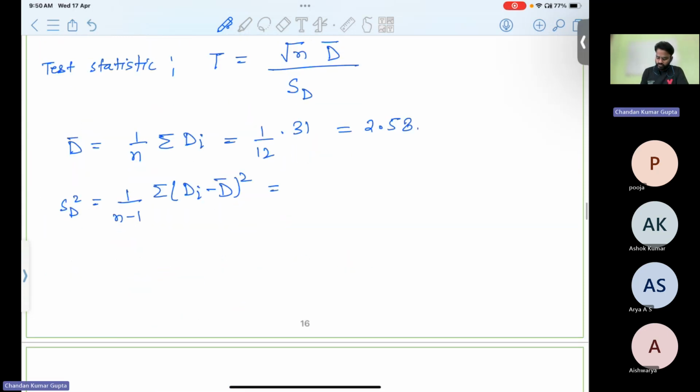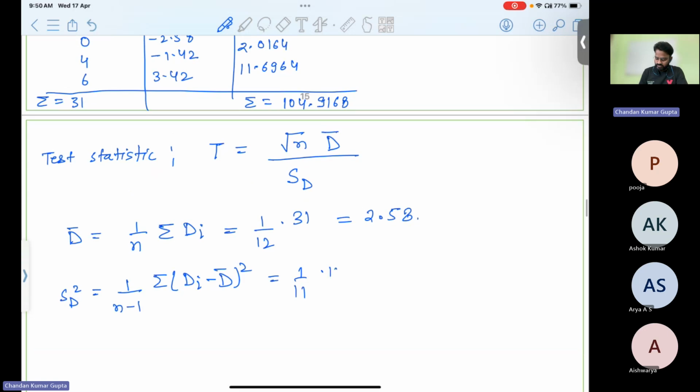So 1 upon 12, not 12, it's 11, into 104.9168, which after calculation comes out to be 9.5379.